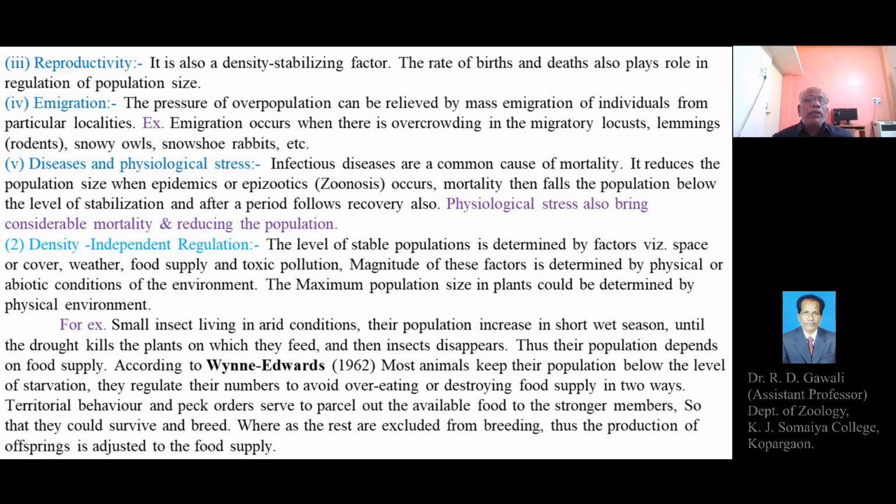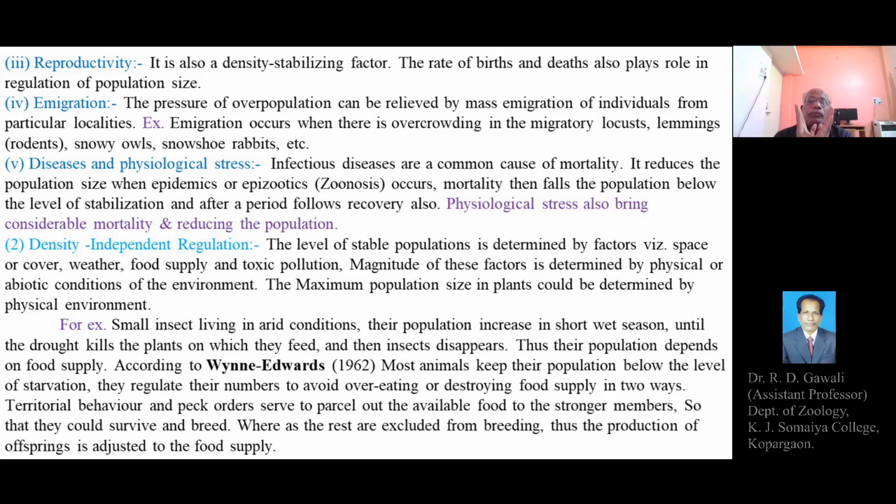According to Wynne-Edwards in 1962, most animals keep their population below the level of starvation. Wynne-Edwards, again an ecologist, explained that most animal species keep their population below the level of starvation, and they regulate their numbers to avoid overeating or destroying the food supply in two ways.